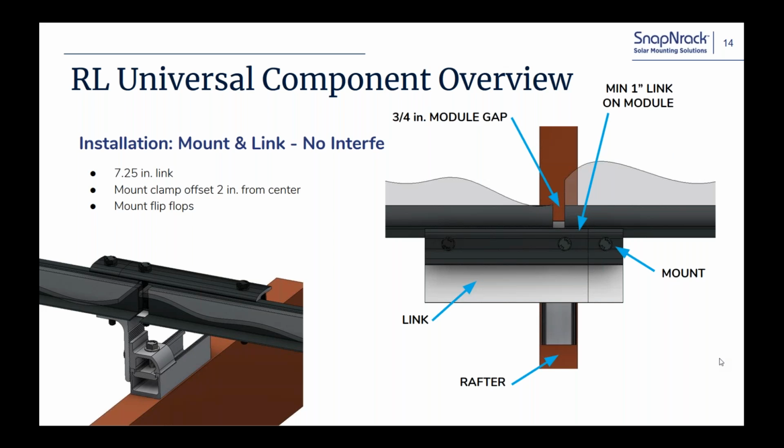Once the rafters are found, you've got 3 guys, one guy doing a layout on the other side. Same thing, let's just suppose we've got 2 arrays. So the one guy's doing a layout on the other side, and the 2 guys are finding rafters and drilling pilot holes.